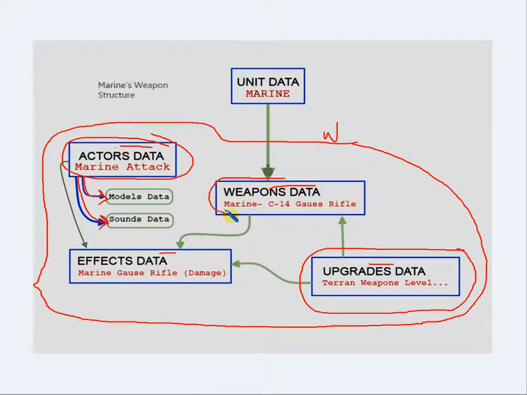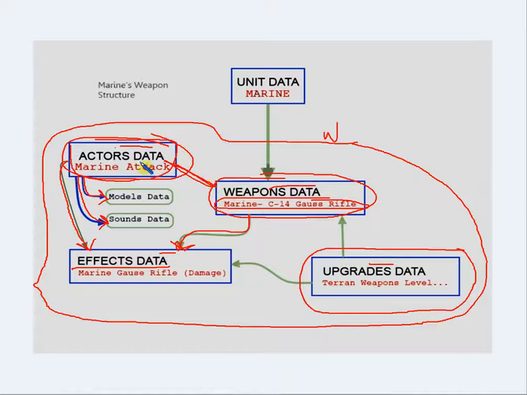The weapons data is where you can specify the effect, and this effects data is what defines how this weapon does damage and how much damage this weapon does. And through the actor's data we specify the effects data, and thus linking both actors and weapons data.